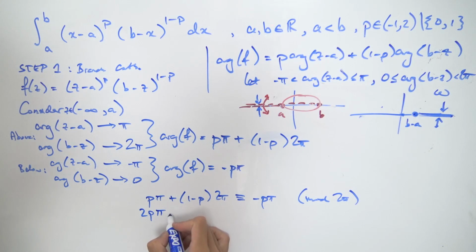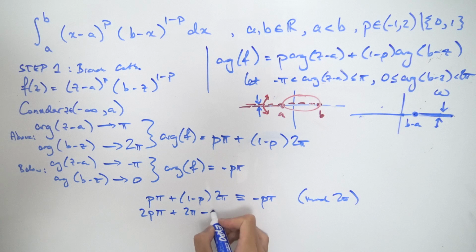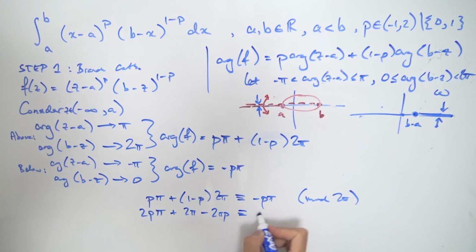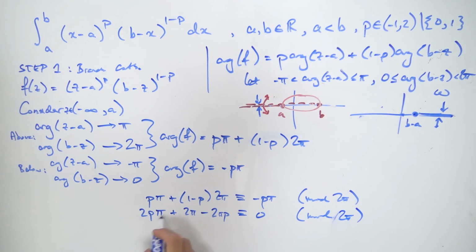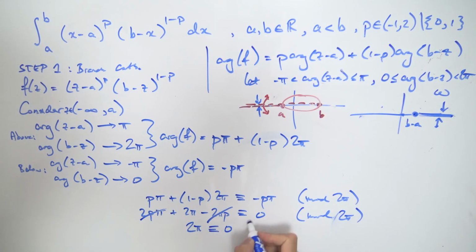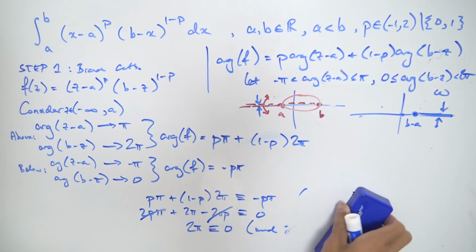So 2p pi plus 2 pi minus 2p pi is congruent to 0, mod 2 pi. And you can clearly see that 2p pi and minus 2p pi will cancel each other out, and we're going to be left with 2 pi is congruent to 0 mod 2 pi, which is obviously true. So in fact, these two arguments over here will produce the same complex number.